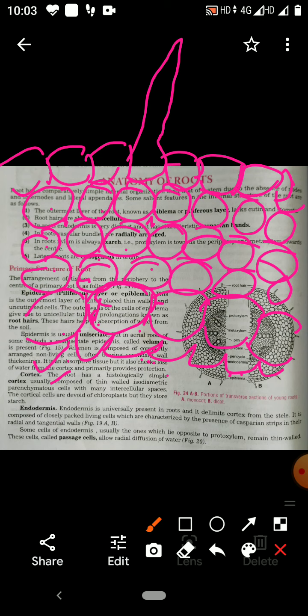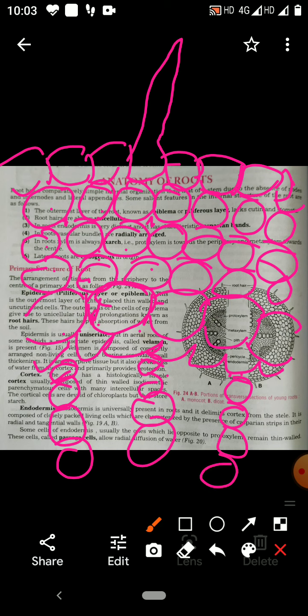The xylem is exarch. Exarch means protoxylem is towards the peripheral region and metaxylem is towards the central region, like this. Protoxylem has a narrow lumen. Metaxylem has a wider lumen.